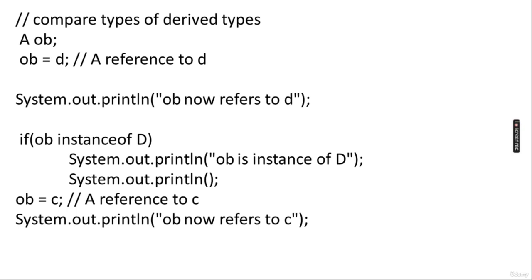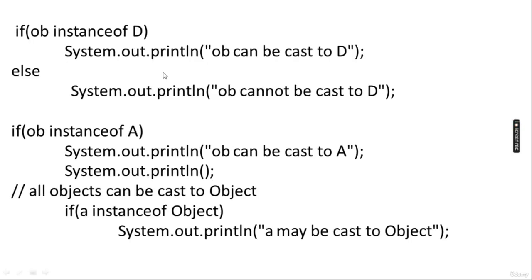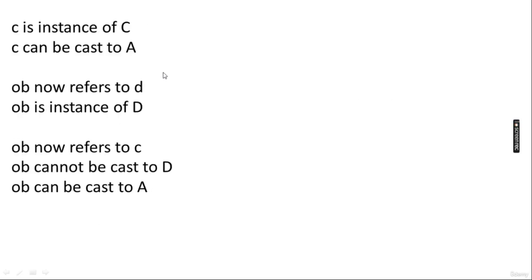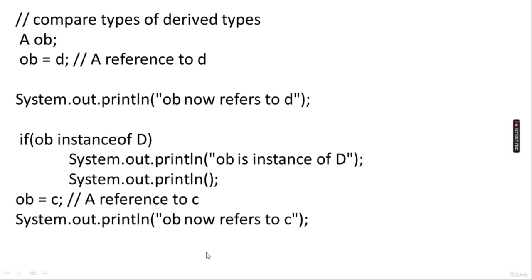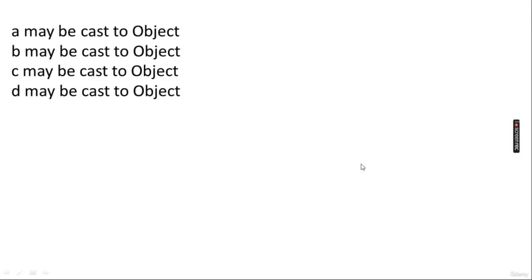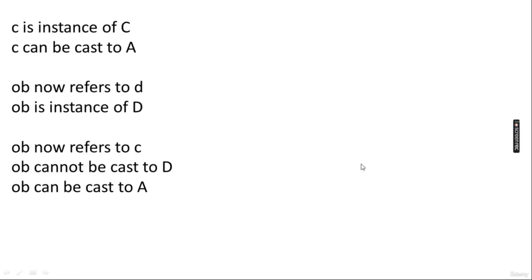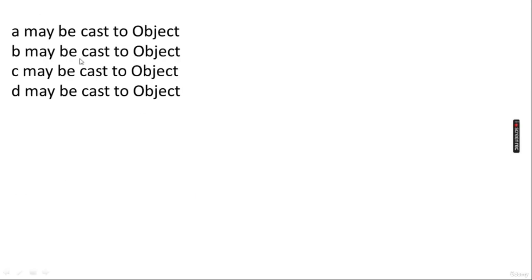Then ob can be cast to D or ob cannot be cast to D. Okay, ob now refers to D. ob is instance of D. ob now refers to C. So what is C here? ob now refers to C. "ob is instance of D" is not printed. ob cannot be cast to D. ob can be cast to A, and all these classes can be cast to Object, that is the main class.